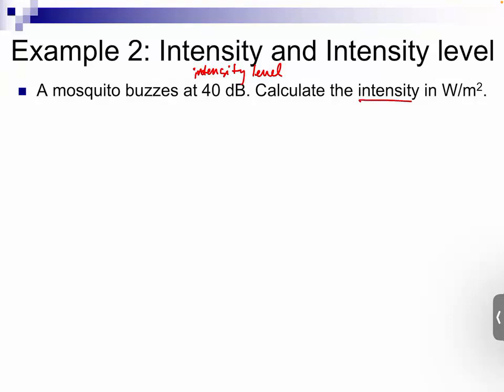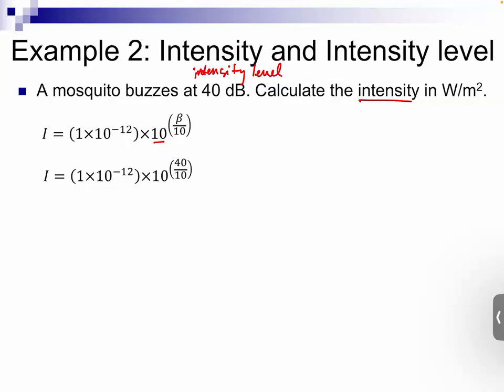Again, intensity and intensity level, it's really just a matter of conversion between watts per meter squared and decibels. Given the decibels beta, the intensity is the threshold of hearing times base 10 to the exponent beta over 10. So this is base 10 and this is the exponent.